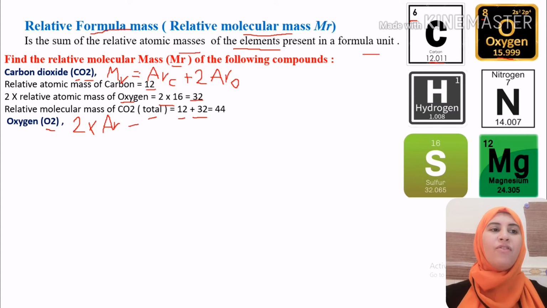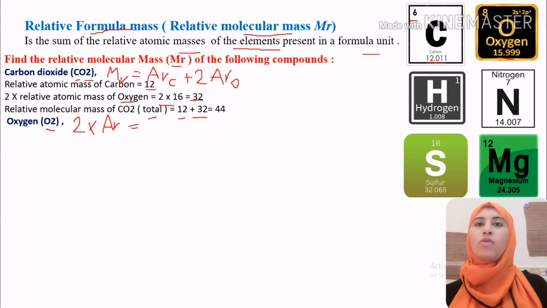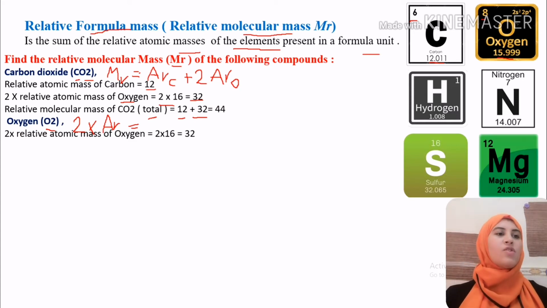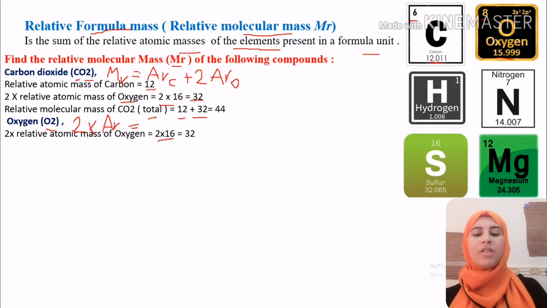So we have 2 times the relative atomic mass of oxygen. Oxygen is O, 8, 16. 2 times 16 equals 32. So we have 2 times the relative atomic mass of oxygen, 2 times 16 equals 32.